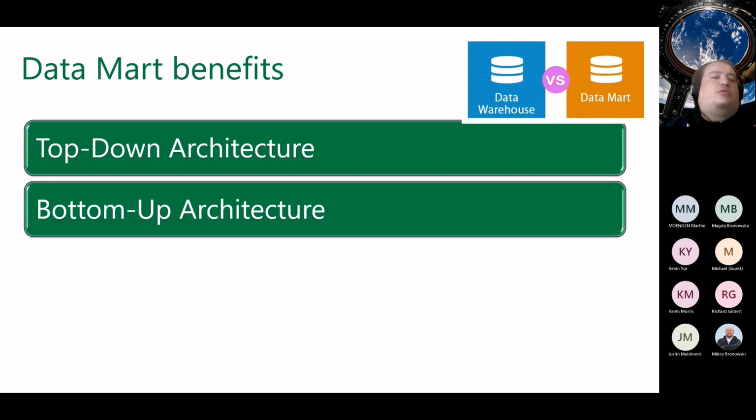The opposite is also possible, a bottom-up architecture. In which situation would we use a bottom-up architecture? If one specific department of the company started to build their own data services, for example, using Excel, they start to build a lot of Excel files to organize their data because no one was taking care of the organization of their data. And out of the blue, they need to create reports from the data located in those Excel files.